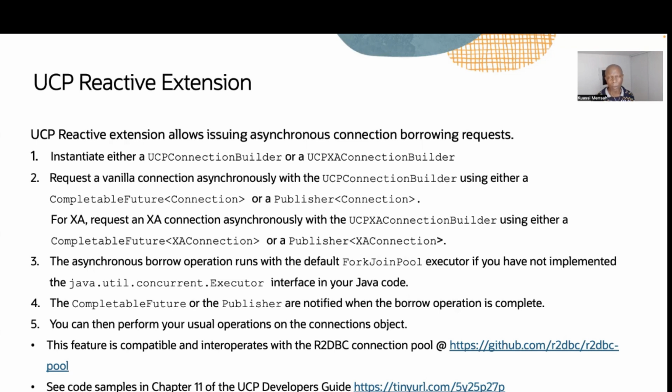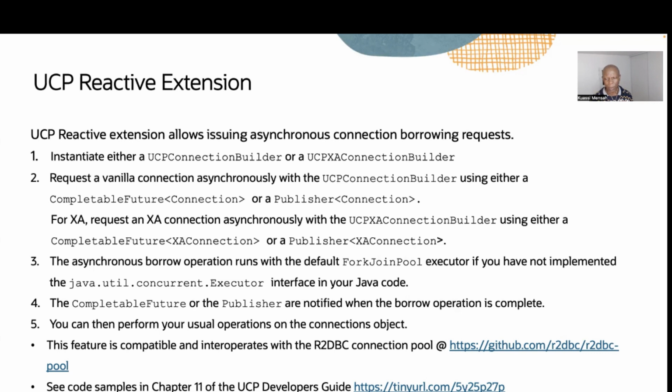The asynchronous borrow operation by default uses the ForkJoinPool executor, but you can specify an executor yourself, using the Java util concurrent Executor interface. If you don't provide an executor, we will just use the default ForkJoinPool executor.